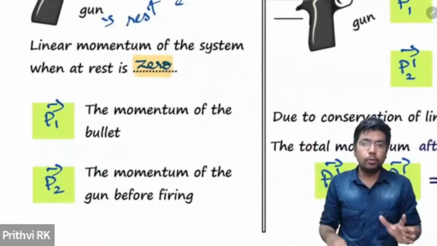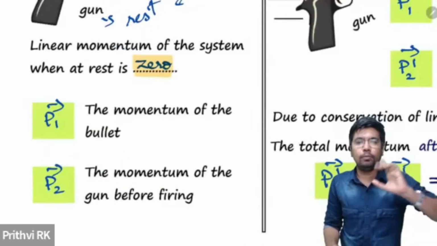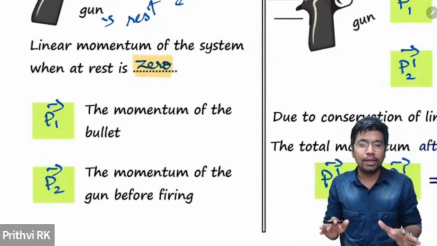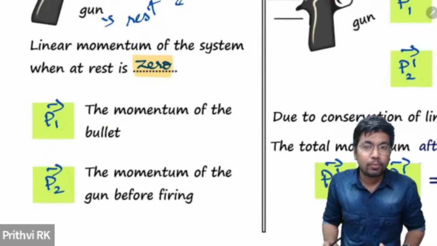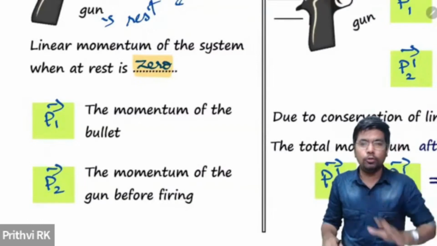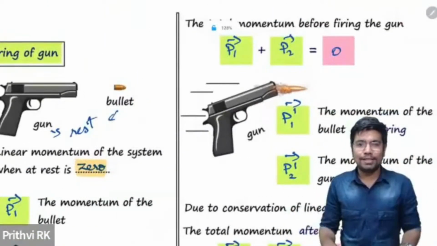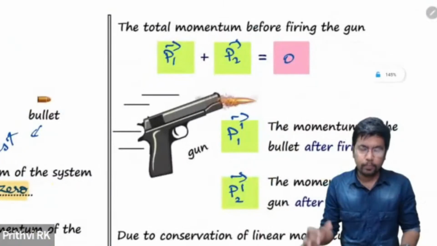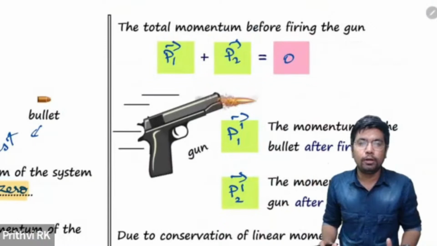So in this rest position, I'm going to take the momentum of the bullet as p1 vector, and the momentum of the gun before firing I'm going to consider as p2 vector. Now I'm going to just add the values of p1 vector and p2 vector. Since they are at rest, definitely the momentum is going to be what?